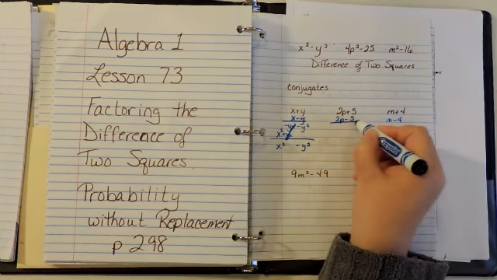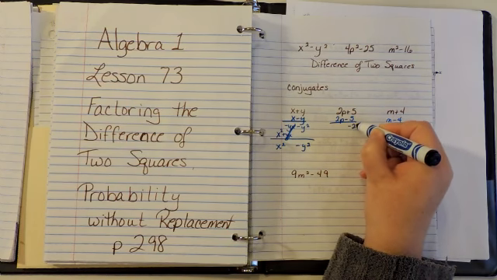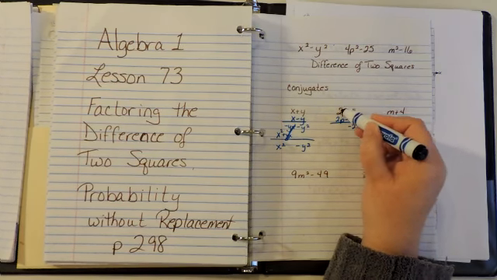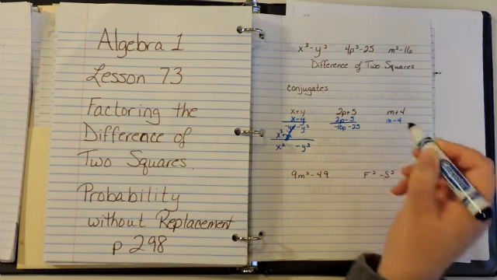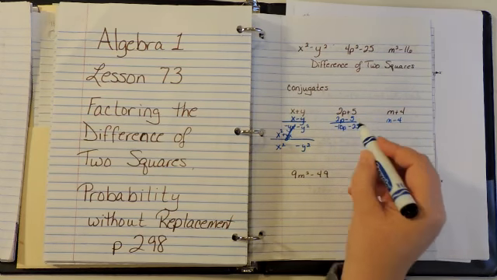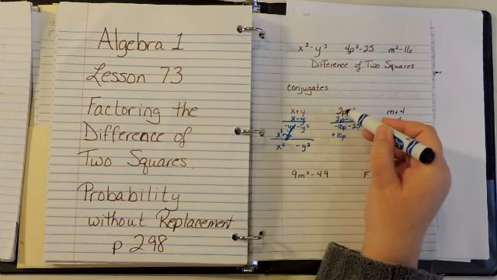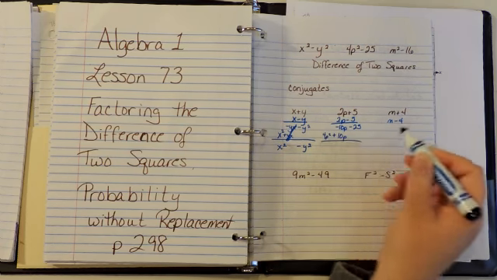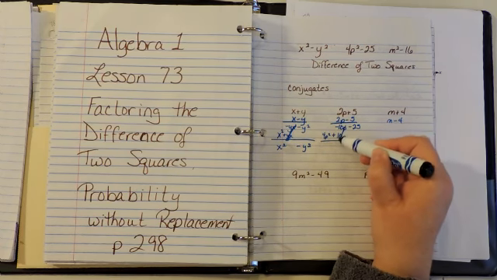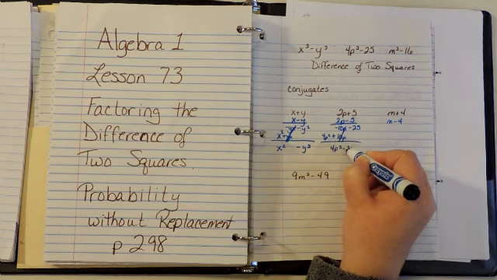Let's try this one. Negative 5 times 5 is minus 25. Negative 5 times 2p is negative 10p. 2p times 5 is positive 10p. And 2p times 2p is 4p squared. These two added together cancel, and we have 4p squared minus 25.